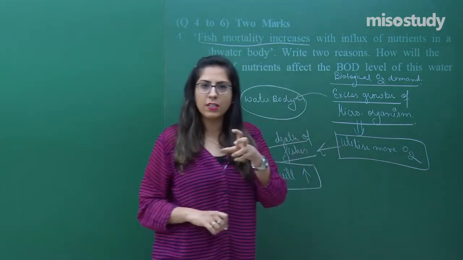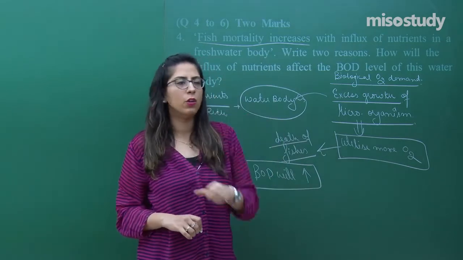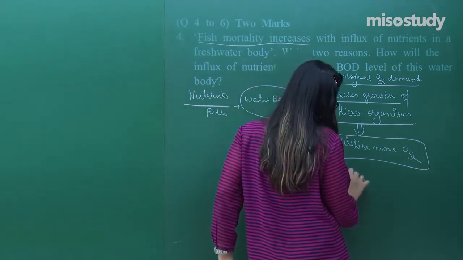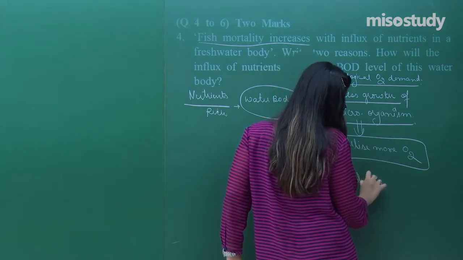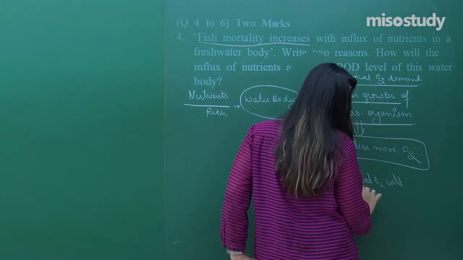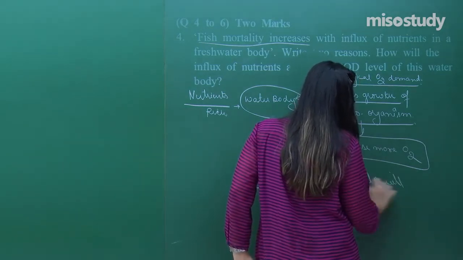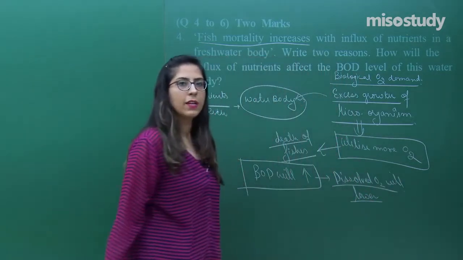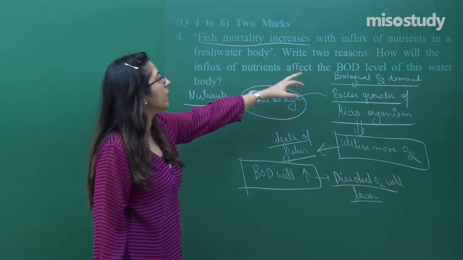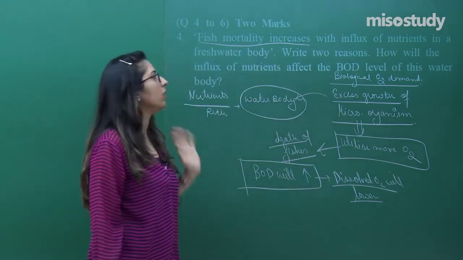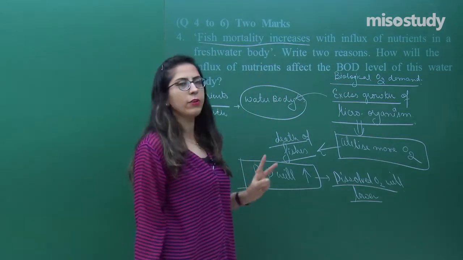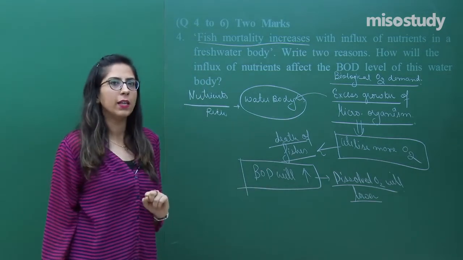So the dissolved oxygen present in the water will lower. Right? This is a relationship that we can derive. So the influx of nutrient will increase the BOD level of this water body. So this you have to answer. This is how you have to answer a 2-mark question. Hope the things are clear to you.